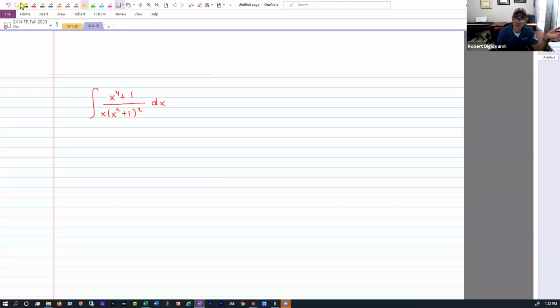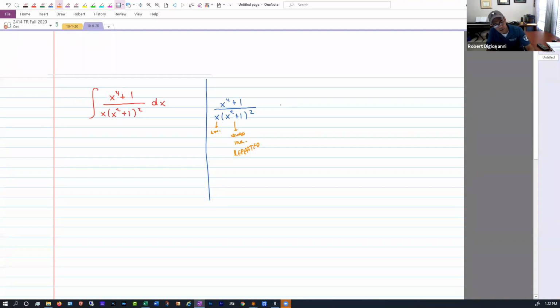Okay, now I need to factor the denominator. Well, it's already factored. So I look at those and I'm going to try to do my partial fraction decomposition now. I have a linear factor. And then I have a quadratic that's irreducible and it's repeated because it's squared, right?